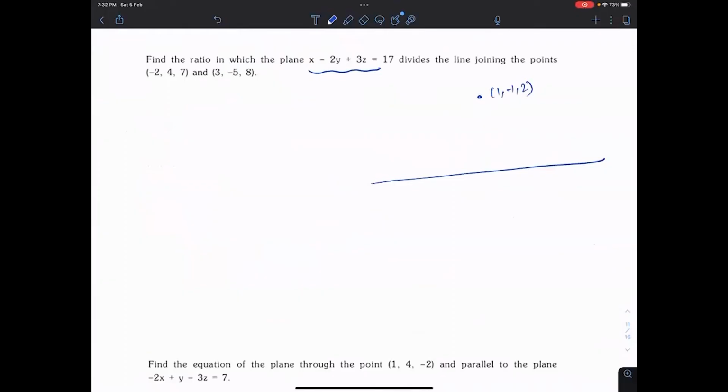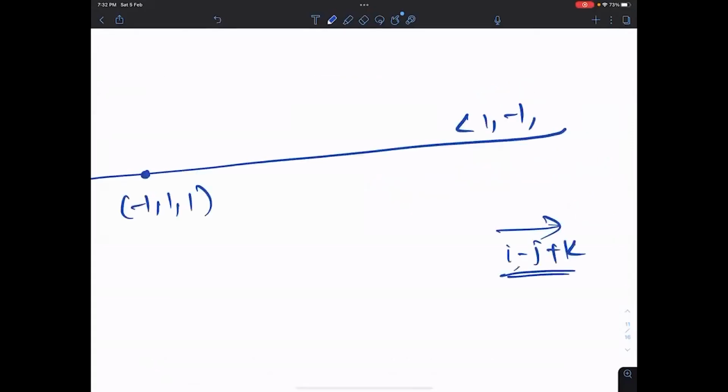In Cartesian form, it is passing through -1, 1, 1, let's say, and it is parallel to a vector which is i minus j plus k. But in 3D geometry, what will you use? Direction ratios. If a line is parallel to i minus j plus k, the direction ratios will be 1, minus 1, 1.